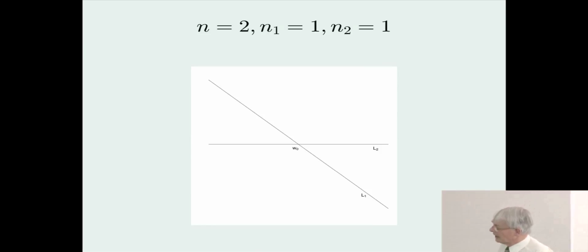And here is L1 that tells us about the associations A1. So if we learn the vocabulary for A1, we know that W lies in that line. And if we learn associations A2, we know that W lies in that line L2. And if we've learnt both bits, then we must be at that point W0.